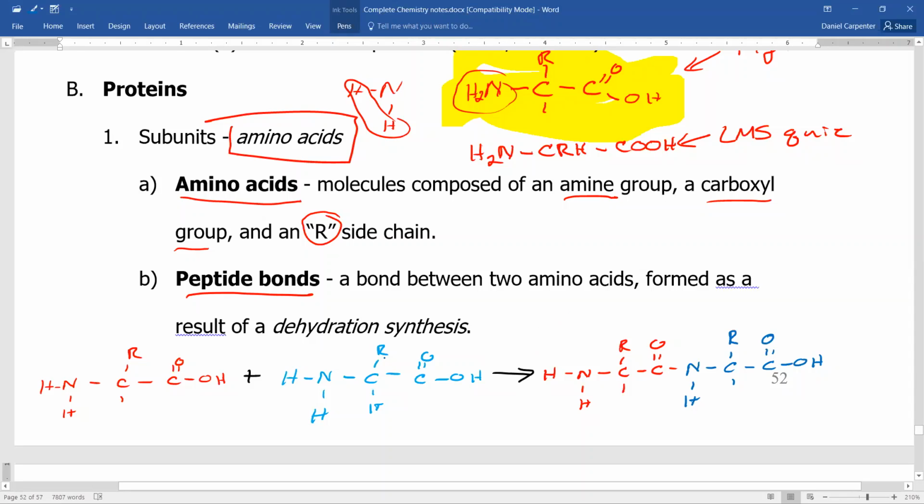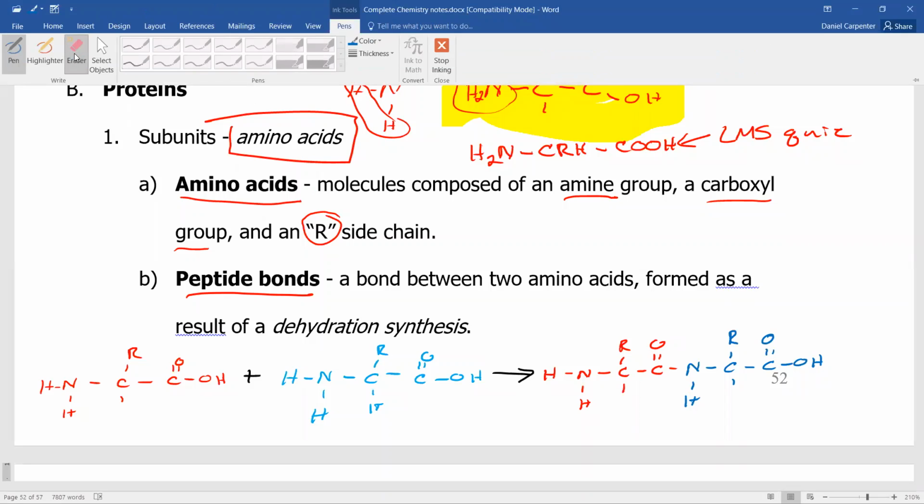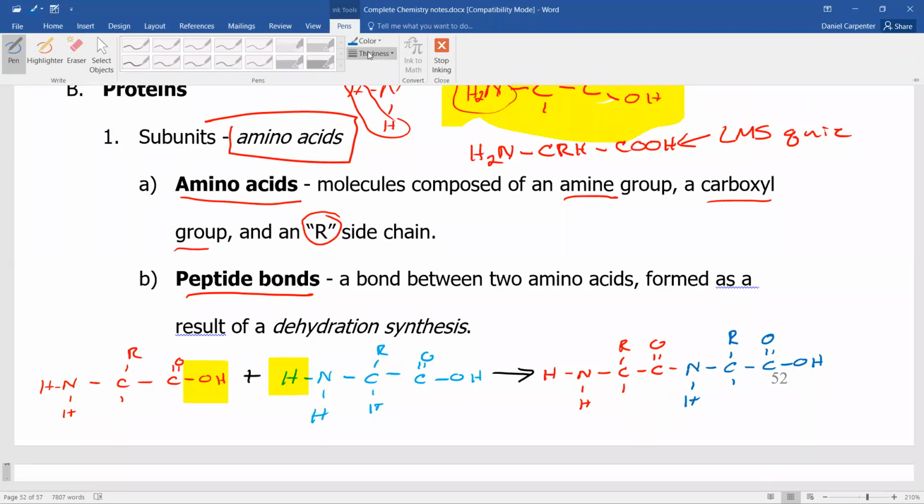Now, if you notice, what happens here is, I didn't want that, sorry, I wanted the highlighter. This H goes away, and that OH goes away, and the remainder hooks together right there. But that means that we've got some stuff left that hasn't been accounted for yet.